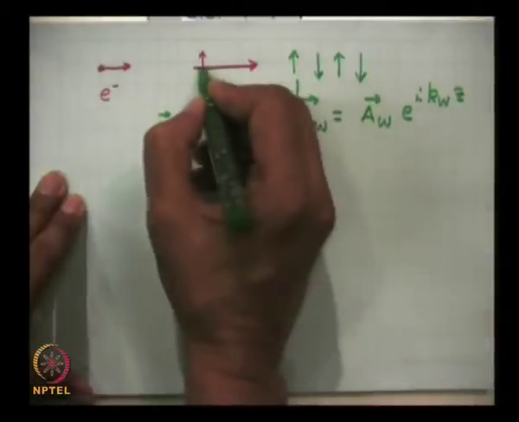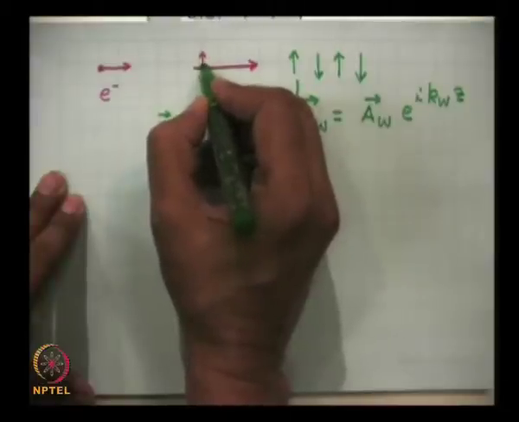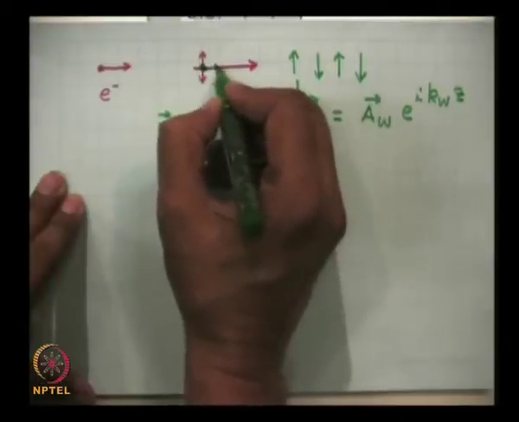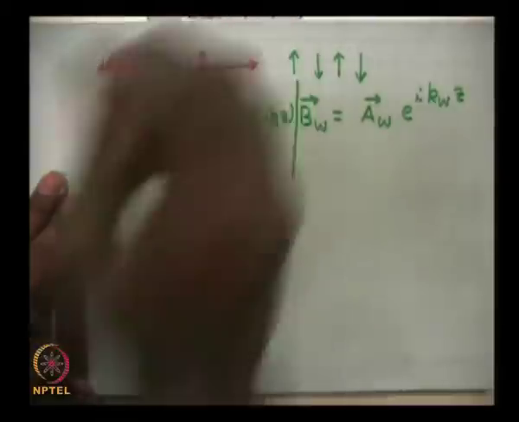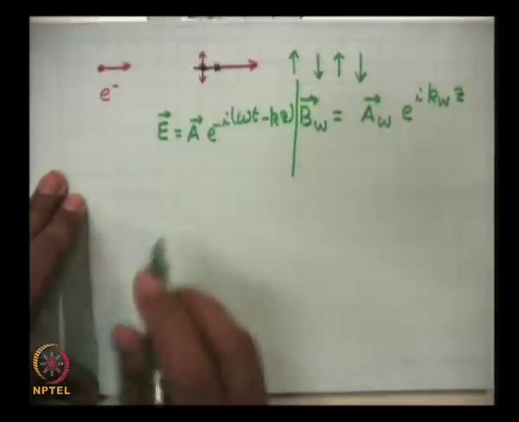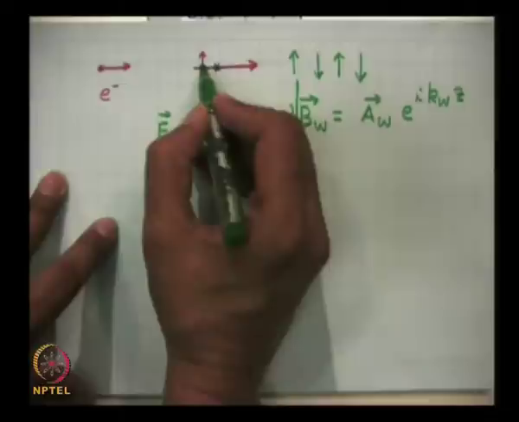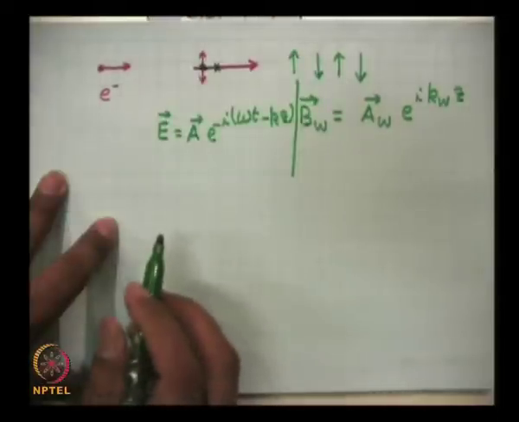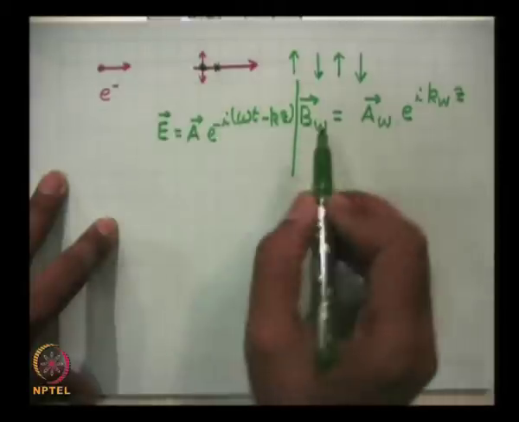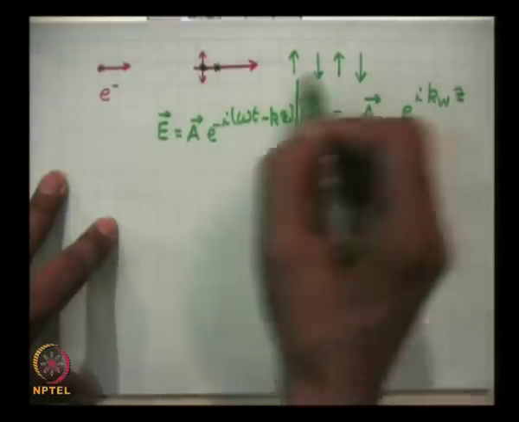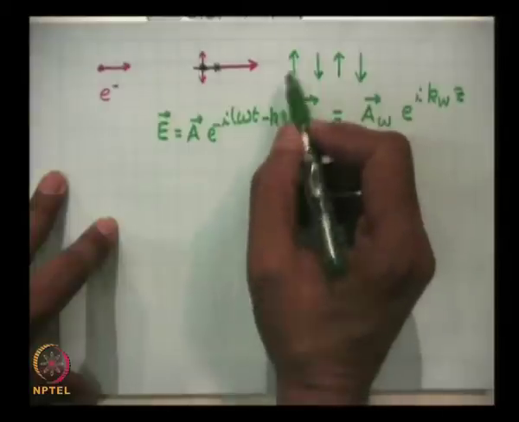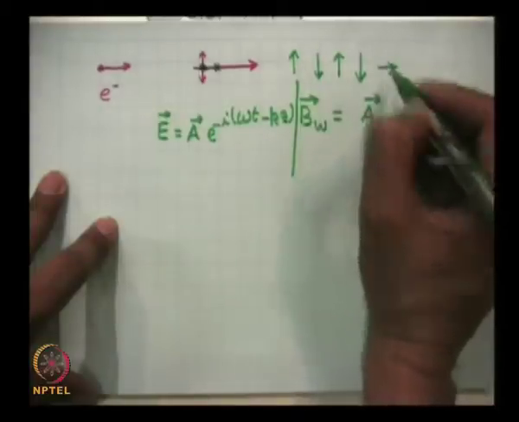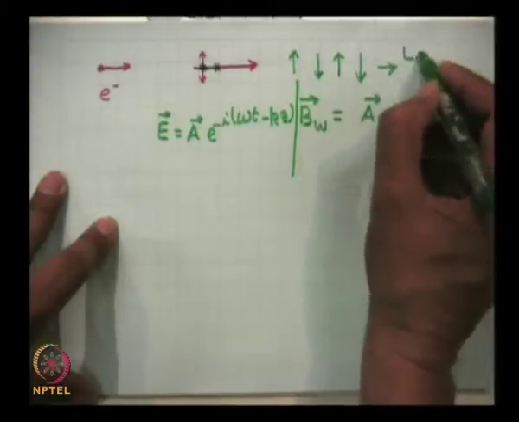So rather, I will choose that this electric field is really in this direction, perpendicular to the plane of the paper. So if this electromagnetic wave makes the electron oscillate in this direction, then those electrons will experience a Lorentz force due to this magnetic field, and that will be in this direction. So this is the Lorentz force.